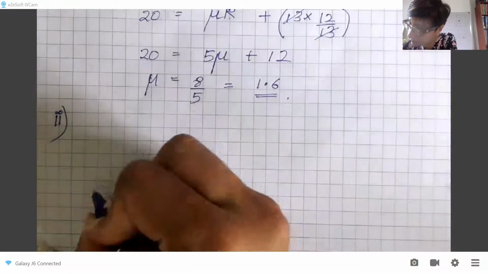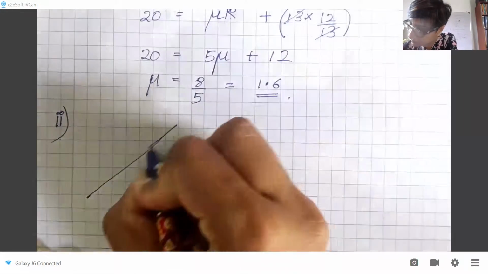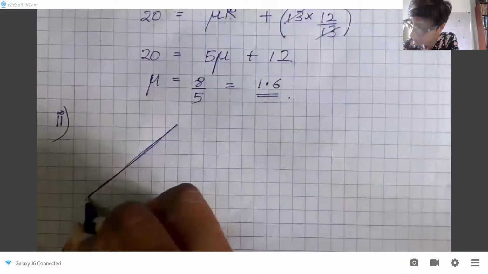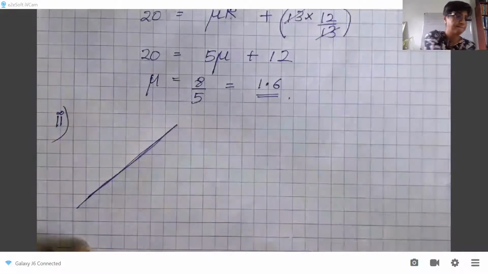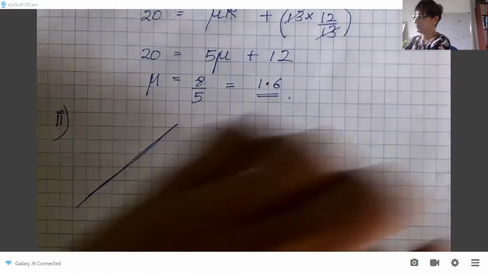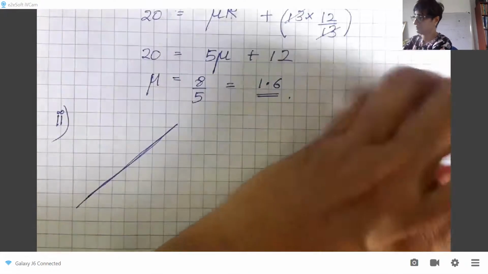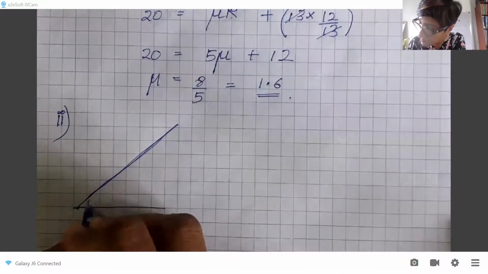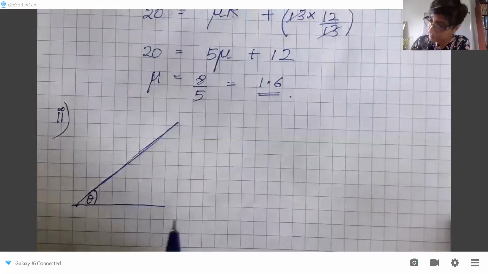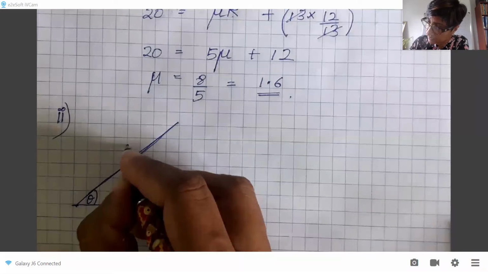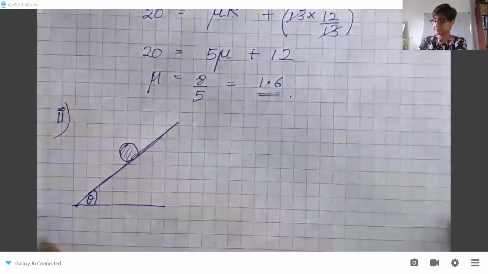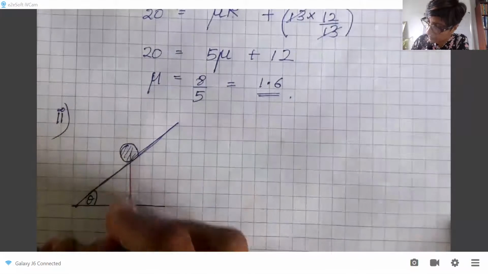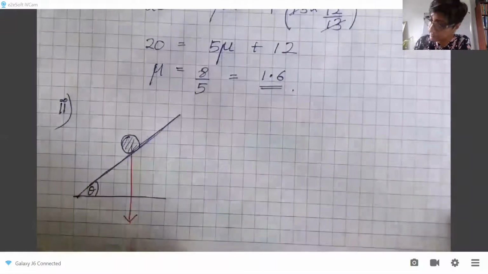Let's draw. Theta. Here's my particle. There's my 13.